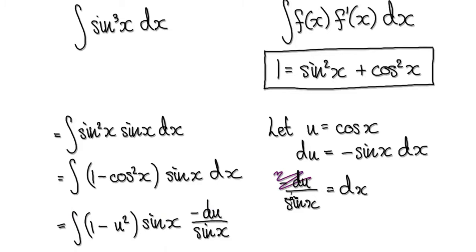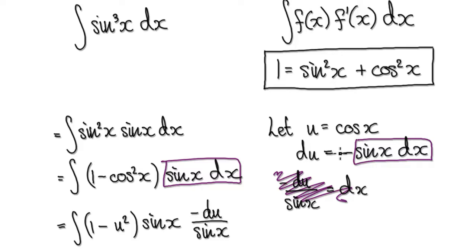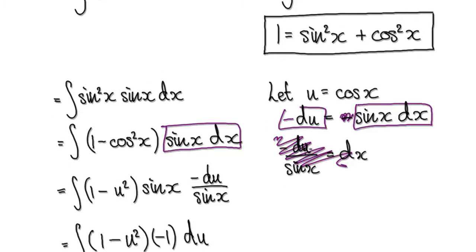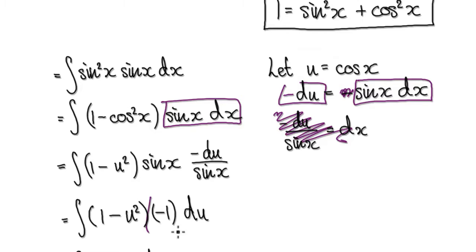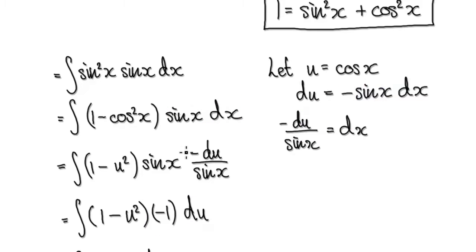You don't actually need this step here. You can see that this block here is exactly the same as this. So times by minus 1, that will then give you this. Well, this block here is really this thing here. Anyway, do whatever you want. These two will cancel each other out. That will then give us this negative 1 here. That will then take us to here.